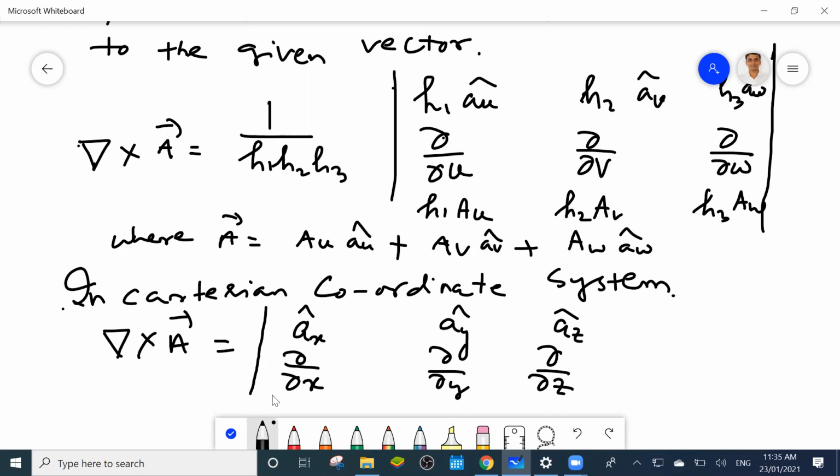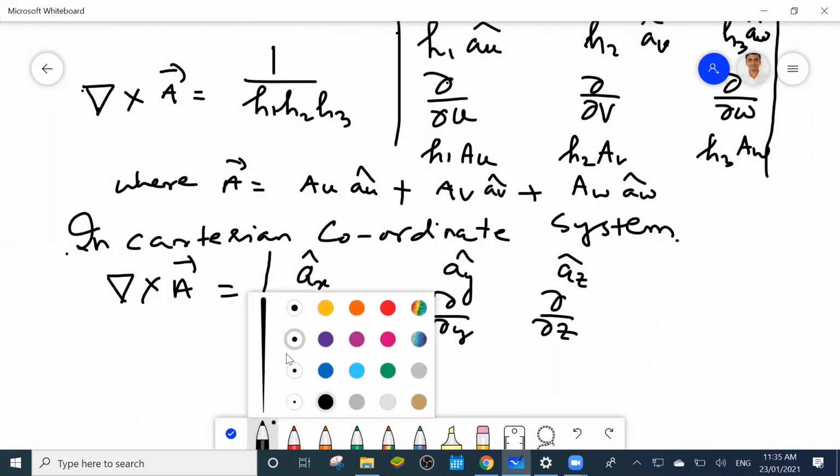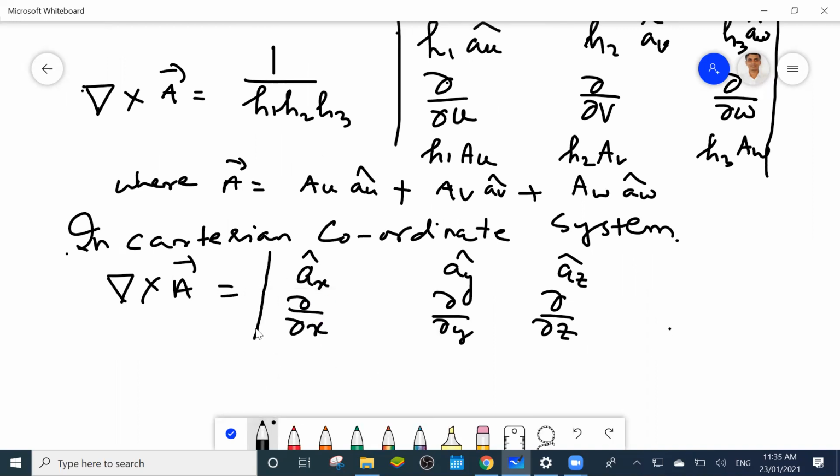That is h1, h2, h3, so you can write here A_x, A_y, A_z.